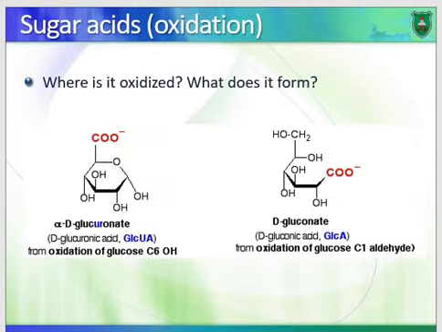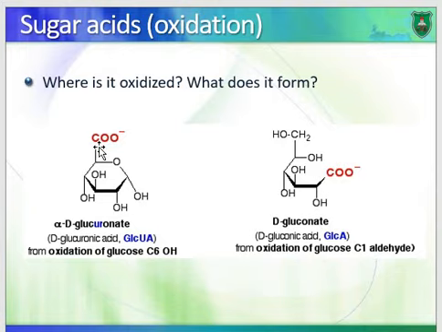Let's have some examples, starting with oxidation reactions that can happen to sugars, producing sugar acids. So oxidation can happen at different sites on a sugar structure. For example, glucose can get oxidized through the OH group on carbon number 6 that is protruding, or excluded outside of the ring.